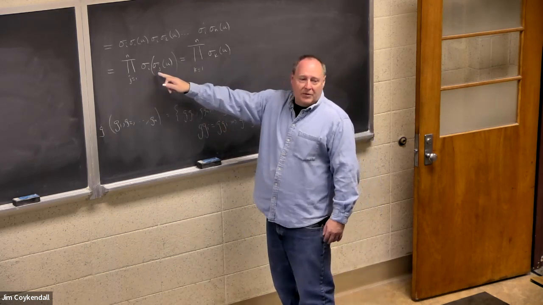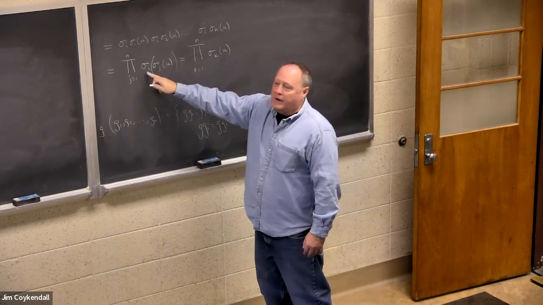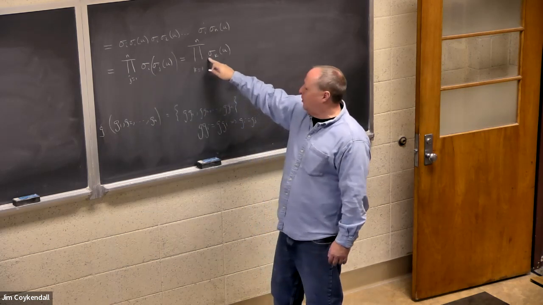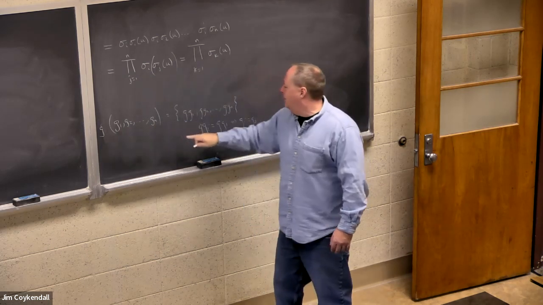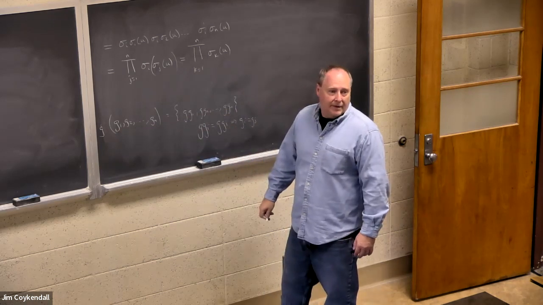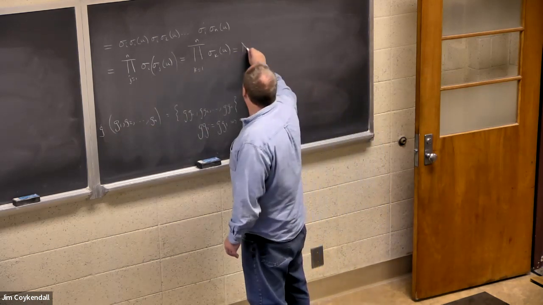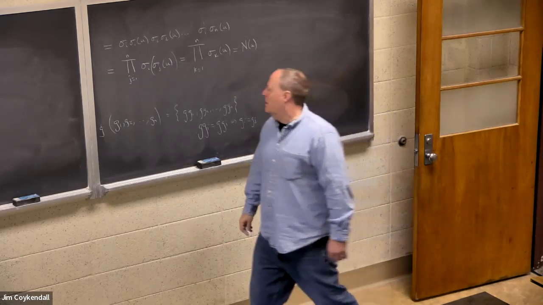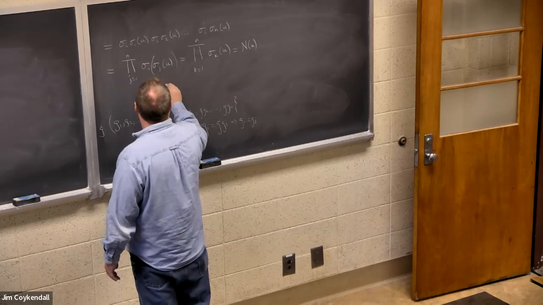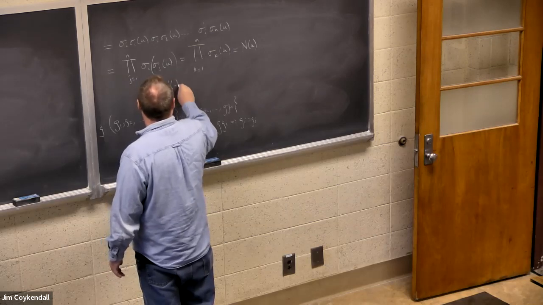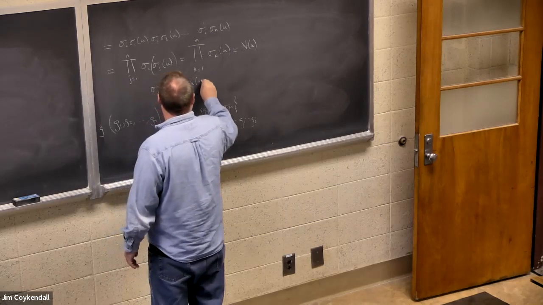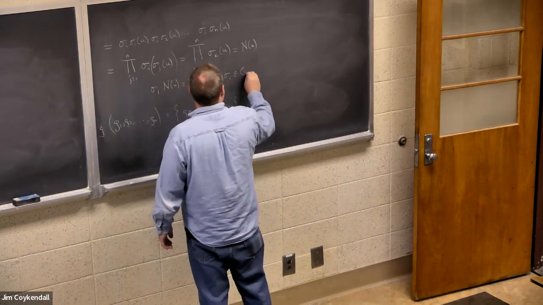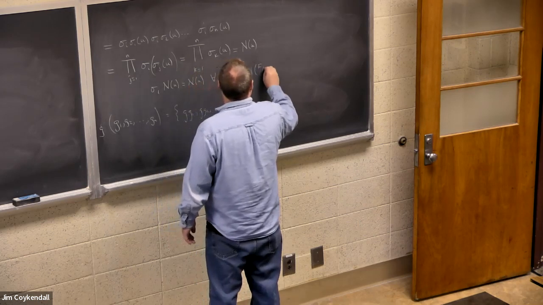So think about what this means. This is the product over the gg_i, which is the same thing as the product over all of these. This list is exactly the same as this. So this is the norm of u. So that means sigma i of the norm of u is the norm of u for all sigma i in the Galois group.